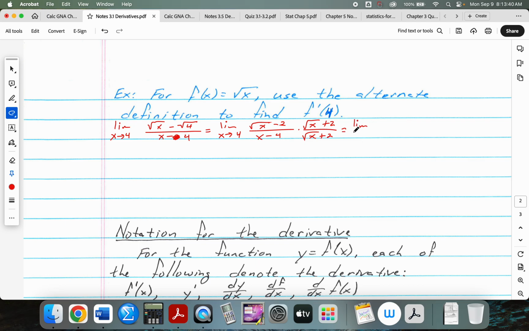So it's going to be the limit as x goes to 4 of, when I multiply these out, the square root of x times the square root of x is just x. My middle terms will drop out. I'll have a negative 2 square root of x and a positive 2 square root of x. And I'll have a minus 4 all over x minus 4 times the square root of x plus 2.